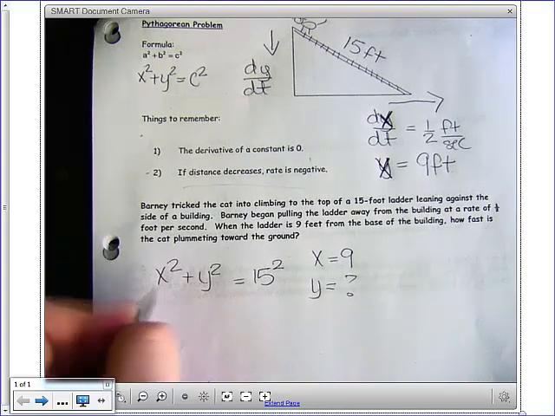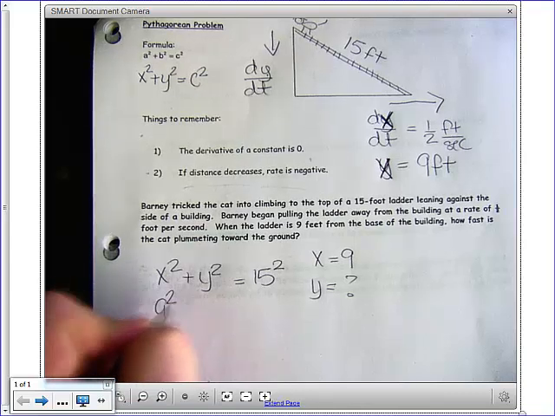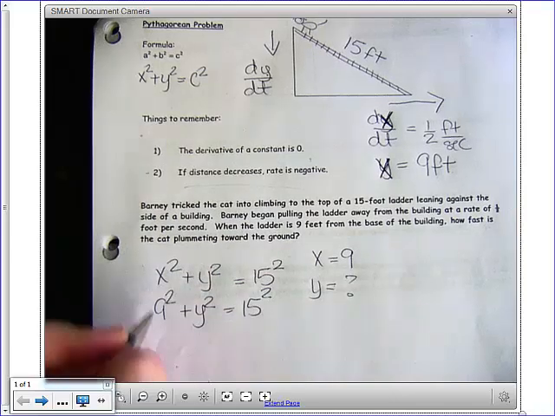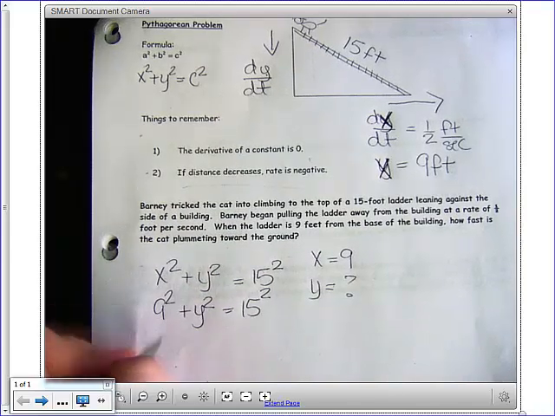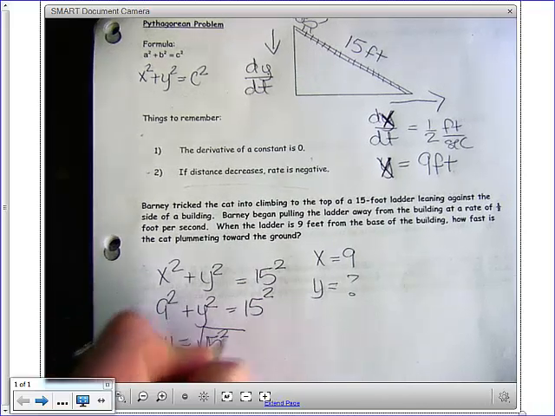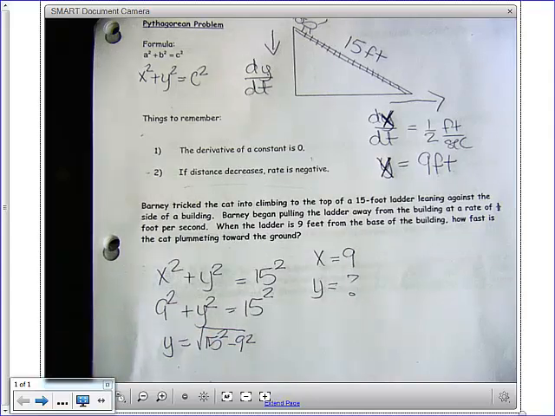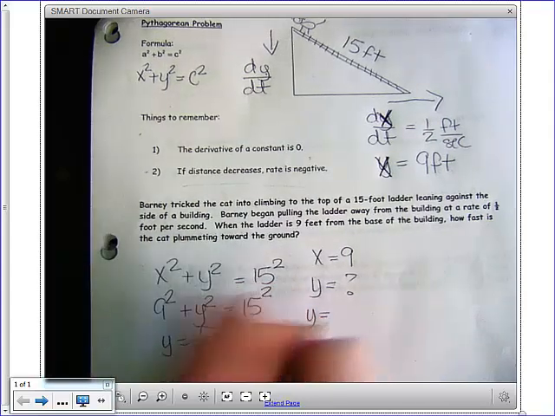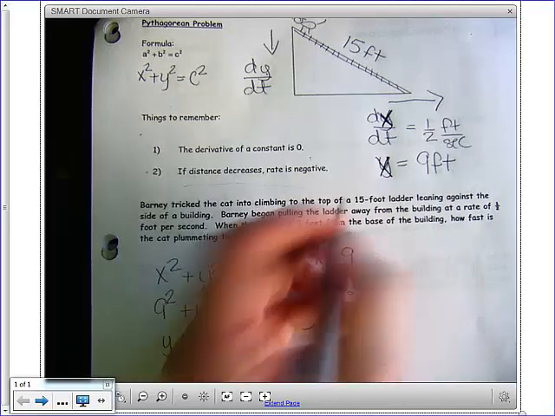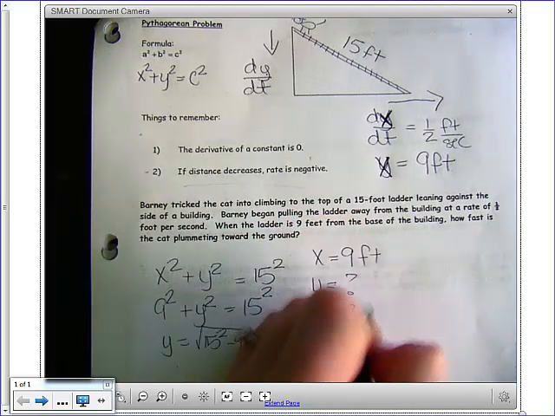So 9 squared plus y squared equals 15 squared. You end up with y equaling the square root of 15 squared minus 9 squared, which is just y is literally 12. Okay, so now we have values for everything. Just a reminder, these are in feet.